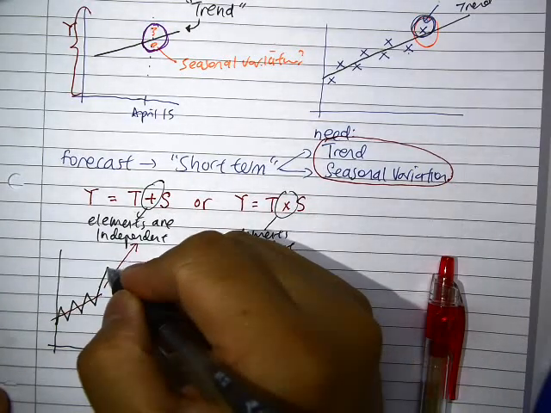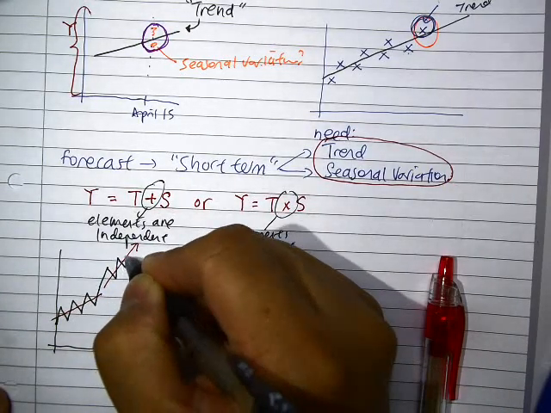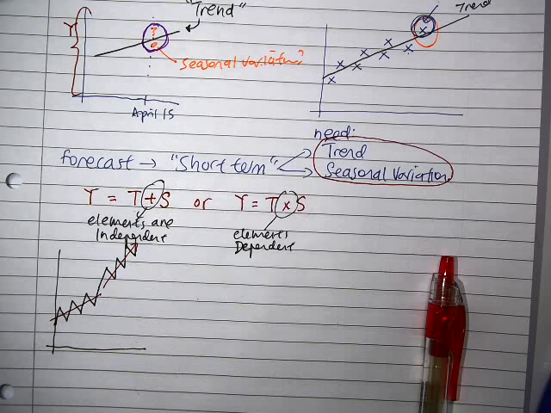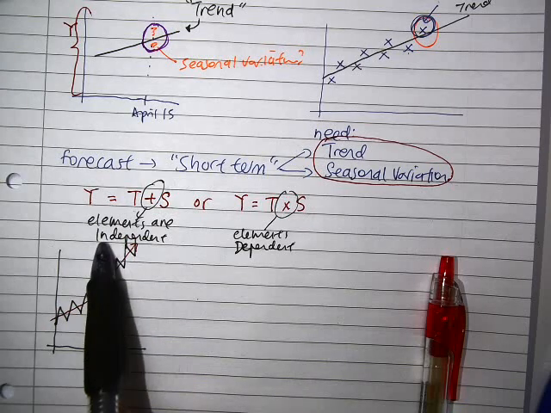But then you still see that although the trend has gone up so much, the fluctuation due to the season is still the same. It's still up, down, around that same level. Now, something that we look at in this manner, okay, is because the trend and the seasonal variation, they don't affect each other. That's why they are called independent.